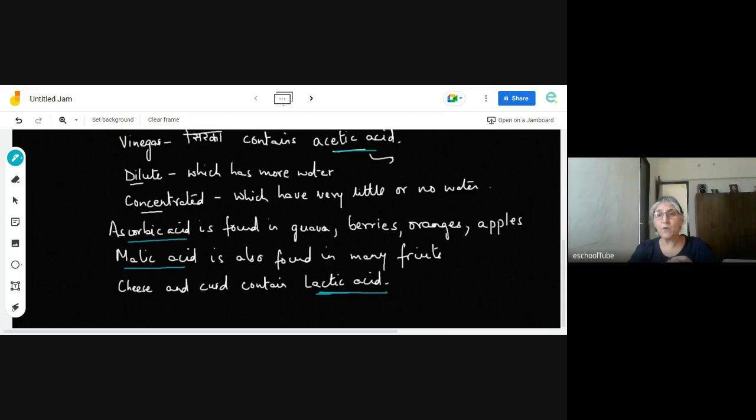Lactic acid is a name of an acid, beta, which is present in cheese and curd. These are all names of acids. What acids really are, we will learn slowly. Now we are just seeing that many fruits and vegetables have lots of different types of acids in them.